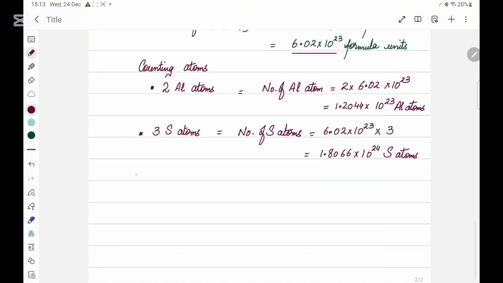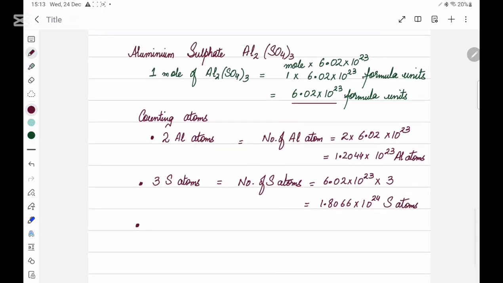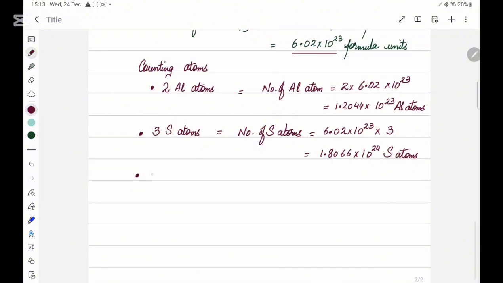And if we need to find the oxygen atoms, how many oxygen atoms would there be? This is 4, and 4 is multiplied with 3, so the total would become 12 oxygen atoms.